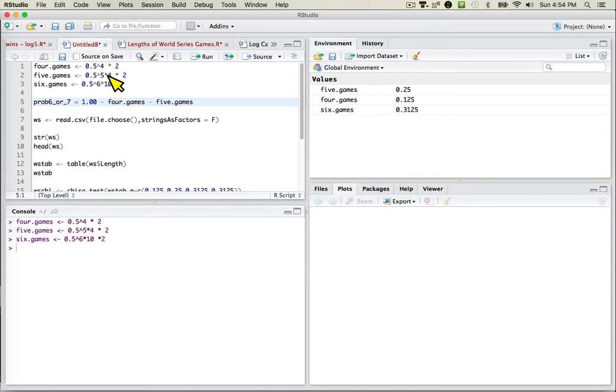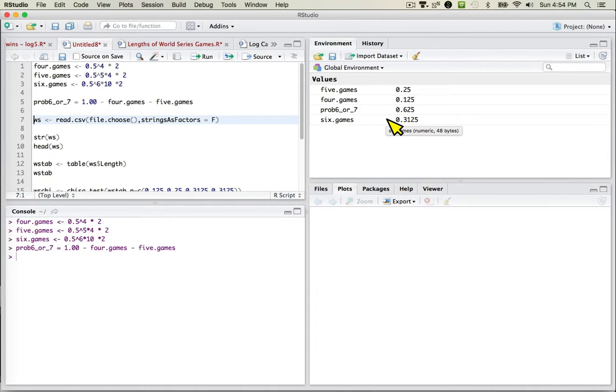Now, we could also figure out that information inductively. So we know that the probability of a World Series going 6 or 7 games has to be the remainder of the probability from a series only going 4 games or 5 games. So if I take 100% and I subtract the probability of going 4 games and the probability of going 5 games, then the probability of either a 6 or 7 game series would be 62.5%.